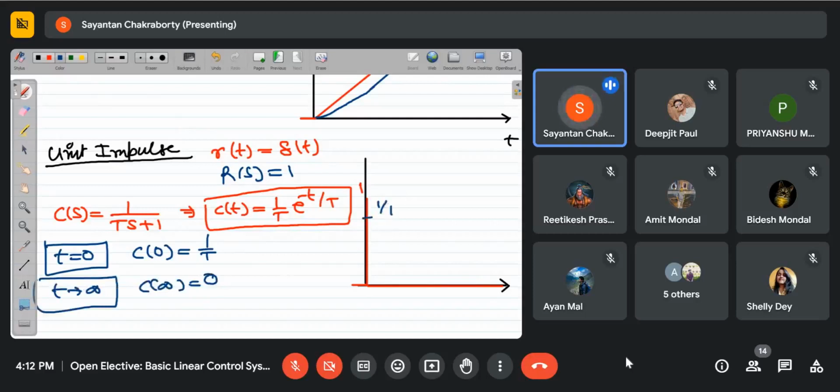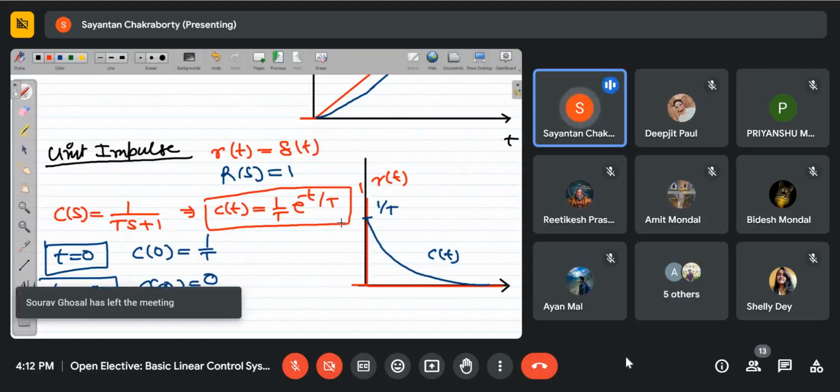So starting from 1 by T, this is c(t), and this red one is r(t). Assume the amplitude is 1, okay? So this is how the response will vary. Here there is no offset, because the input has become 0, right? The output is ultimately becoming 0, no offset.